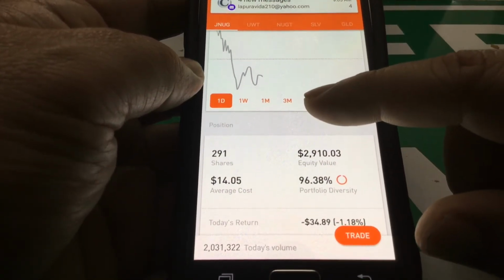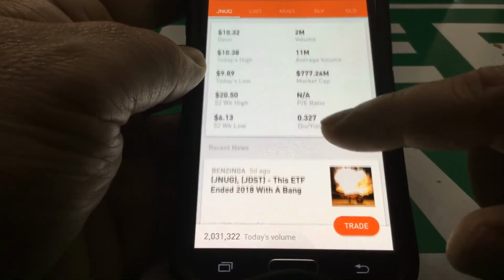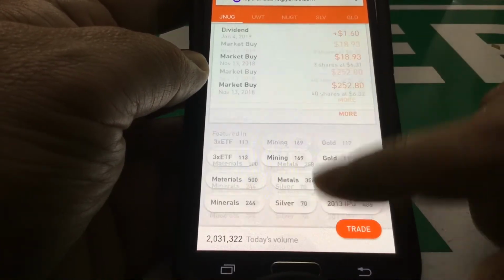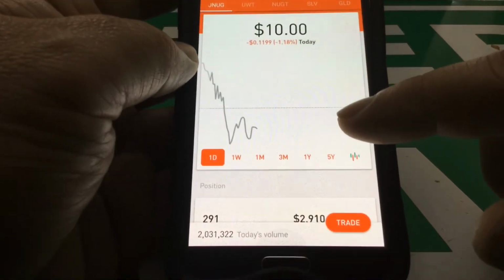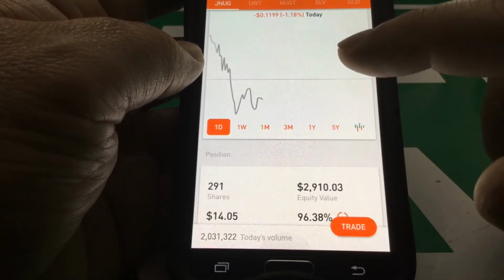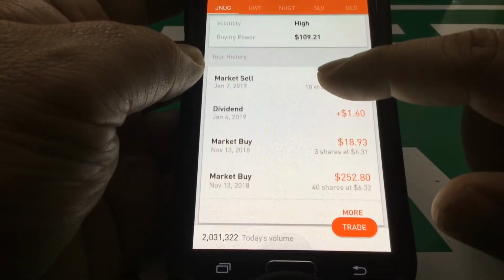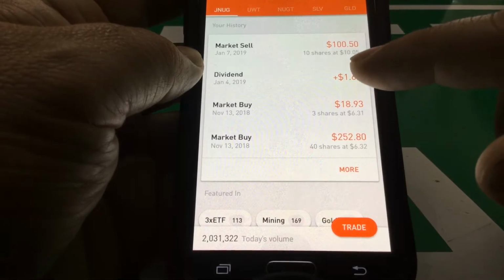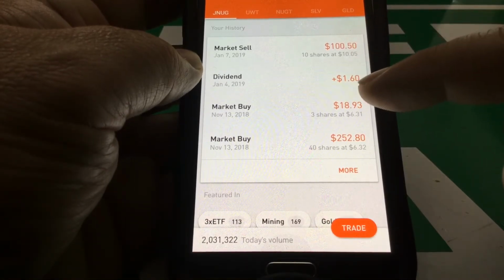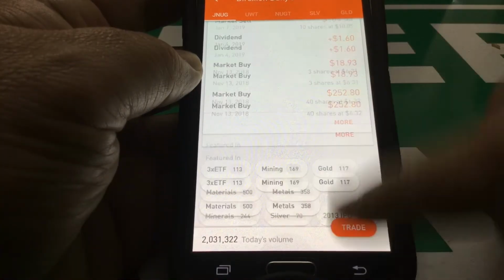So let's just say right now I want to buy some junior miners. So we'll go back down here. Let's see, bear with me here. Okay, so I sold 10 shares at $10.50. I did receive $1.60 of dividend, so we're good here.